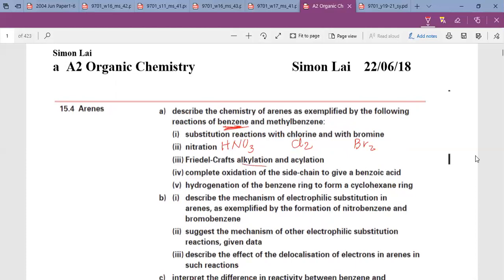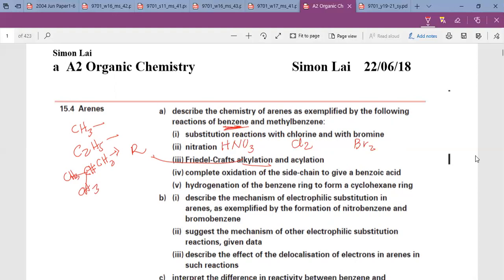This alkyl group means I'm going to add in an R group. You can add in CH3, you can add in C2H5, or something like CH2CH3. Whatever group, as long as it's an alkyl group, you can add it in.